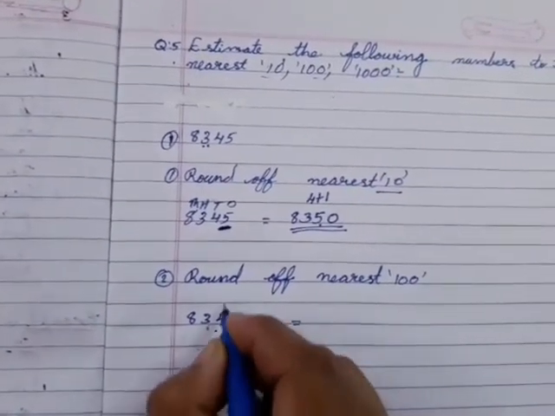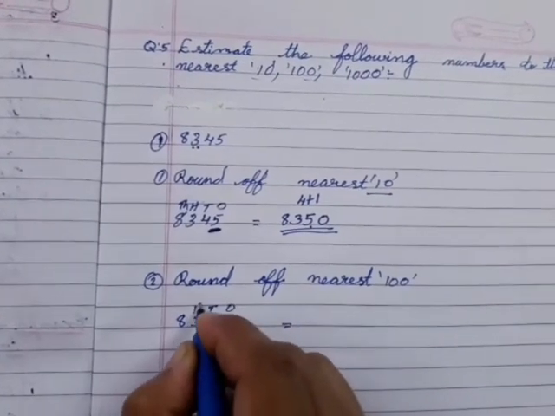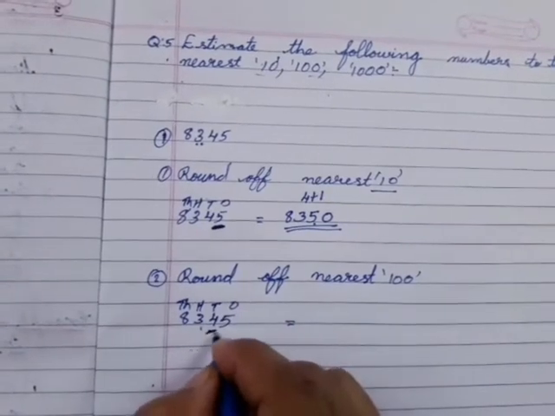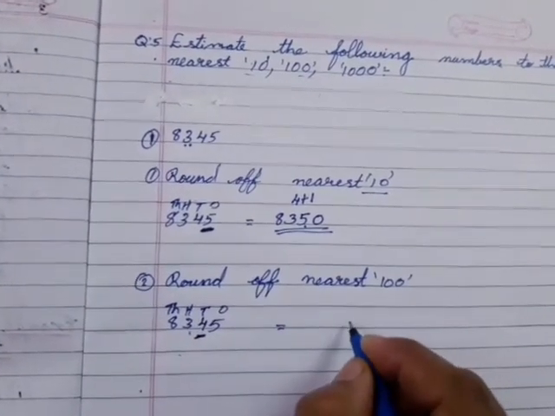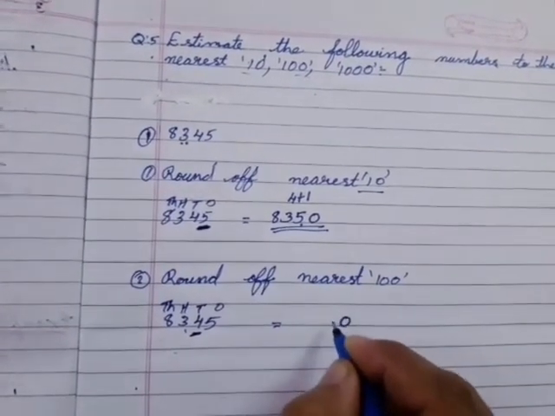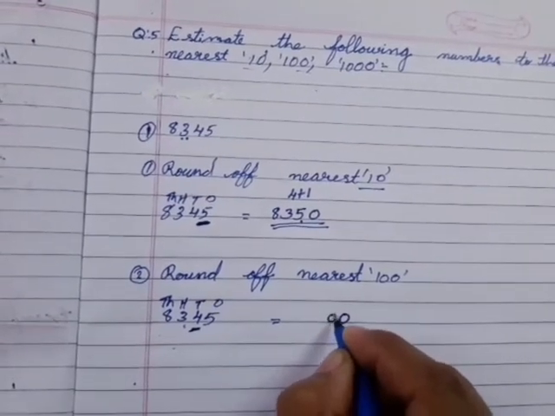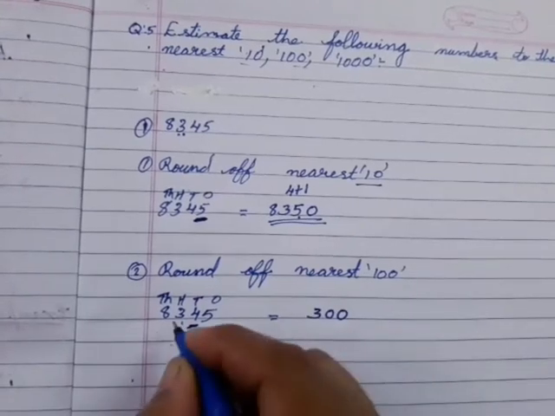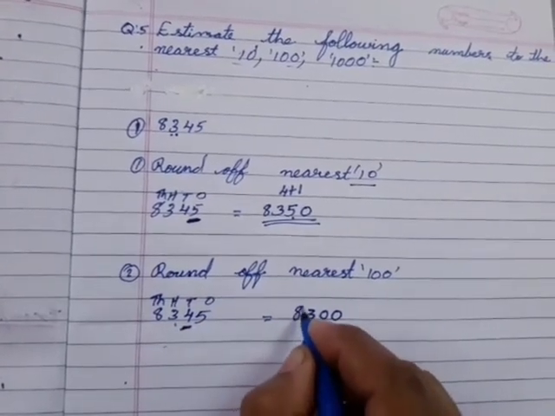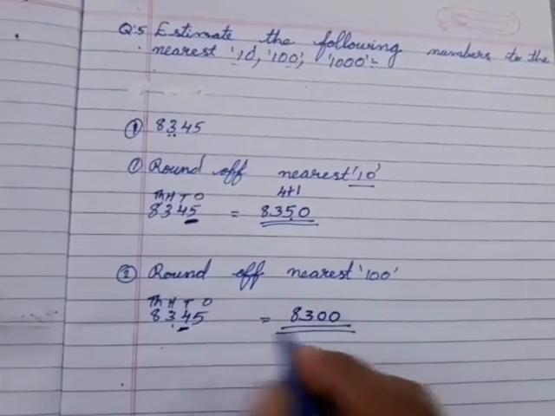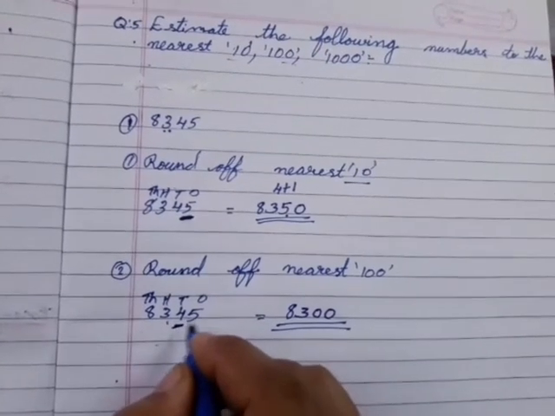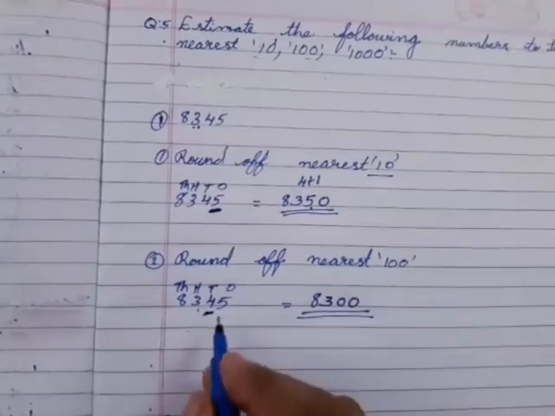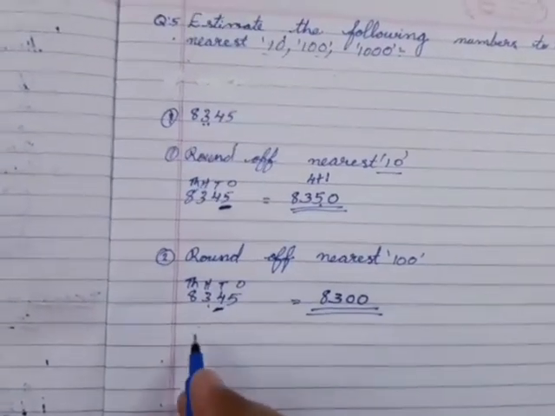In this case we consider the number at the tens place, and in the tens place we have 4. So we put 0 in the ones place and 0 in the tens place. The hundreds place and thousands place stay the same, because the tens place number 4 is smaller than 5. That is the rule.